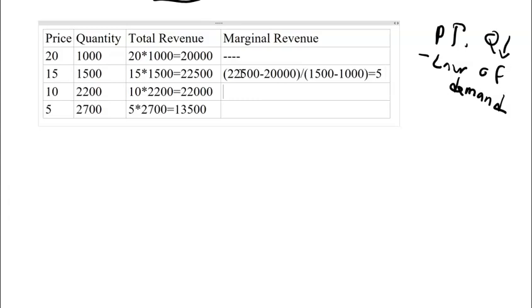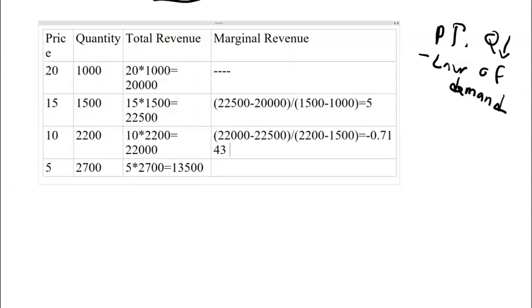Okay, and then if I go from price 15 to 10, my change in marginal revenue would be, well, the numerator is 22,000 minus 22,500 divided by 2,200 minus 1,500, which comes up to be 0.71.